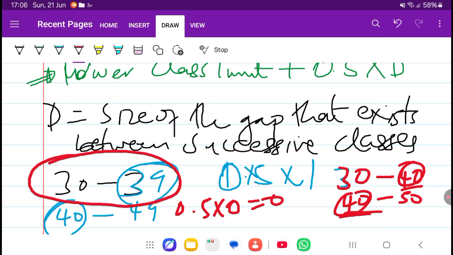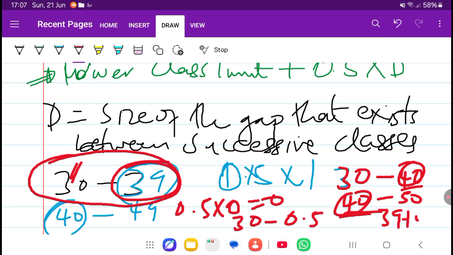Ideally, you get this 30, which is the lower class limit, you get 30 minus 0.5. Then for the upper limit, you get 39 plus the 0.5. That's how we get the class boundary of each of the classes. We are going to understand some of those things as we move along, but basically that's what we do. The upper class boundary of a class will be equal to the lower class boundary of the next higher class.